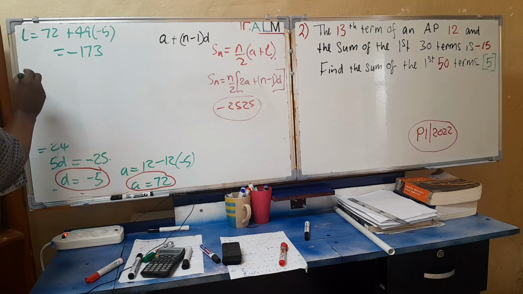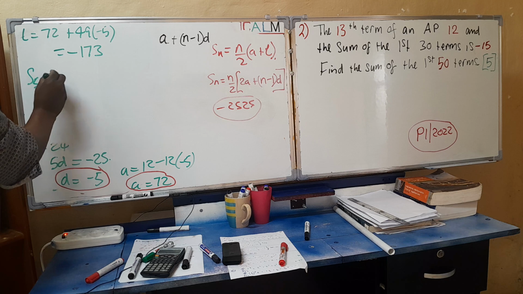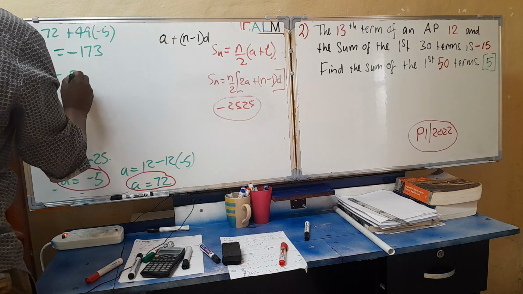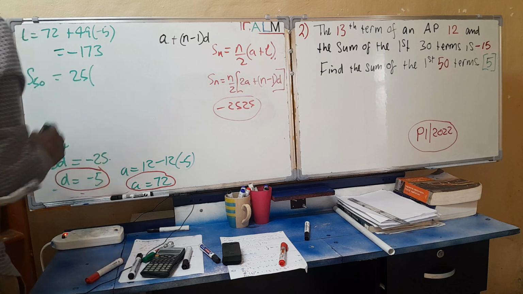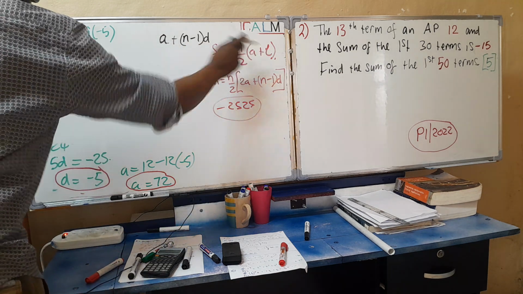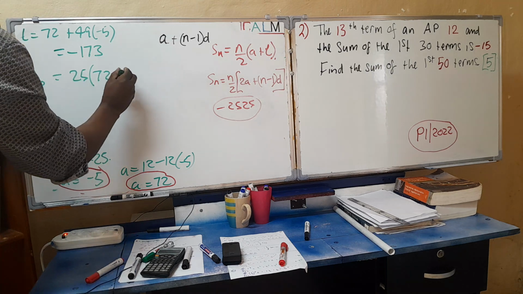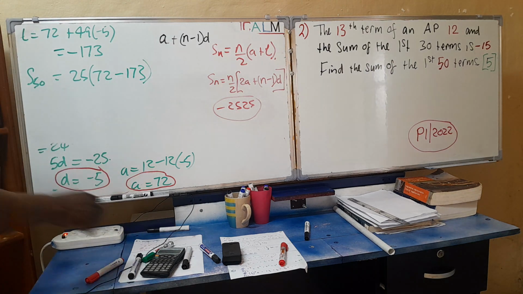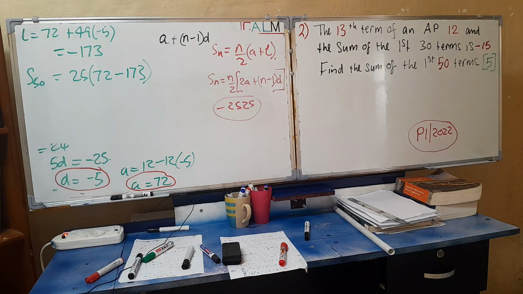We have S50 is equal to 50 over 2, which is 25, brackets, a is 72, minus 173 for our L. What does it give us? So it's minus 173 plus 72.